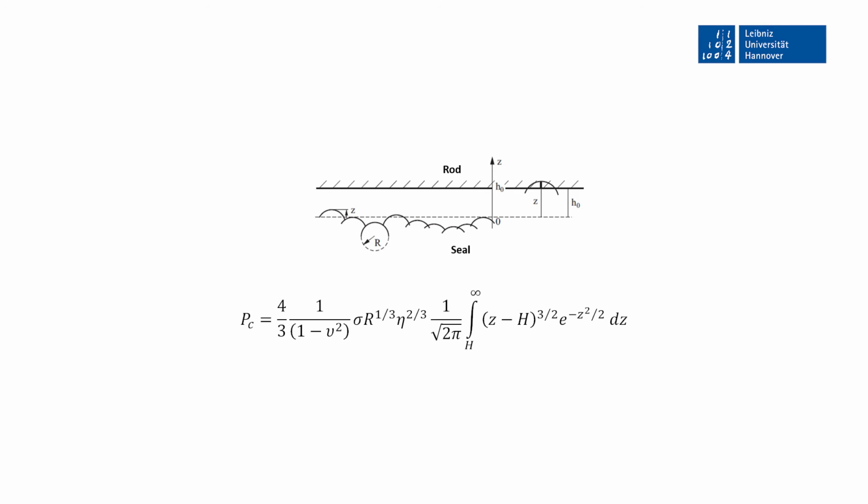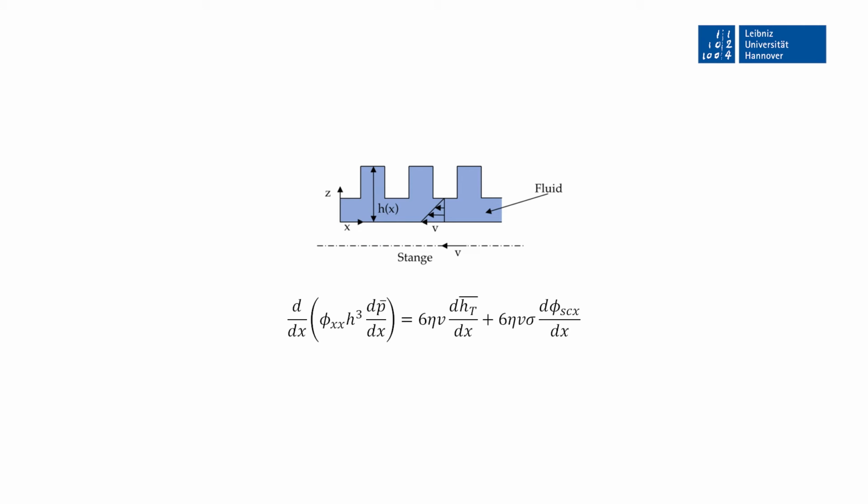These values are forwarded to the contact mechanics analysis, which is based on the Greenwood and Williamson contact model, in order to determine an initial fluid film height, h. The following fluid mechanics analysis utilizes the Reynolds equation for the identification of the fluid pressure, Pf.